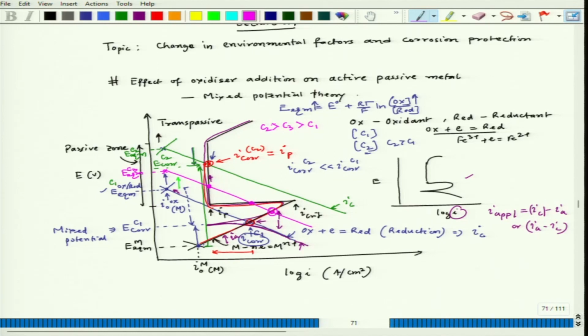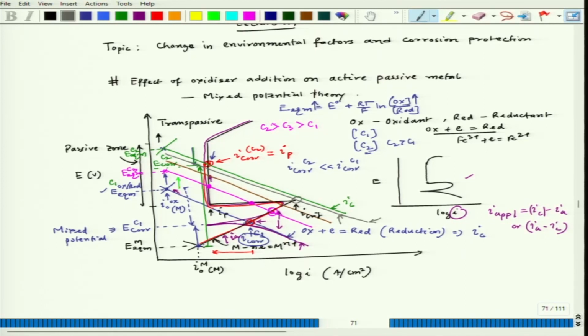Now, gradually like that, if we keep increasing the concentration, at one point, if I consider this particular polarization plot, which is the gray one, it is just crossing the I critical, if you see at this location, okay, just crossing.